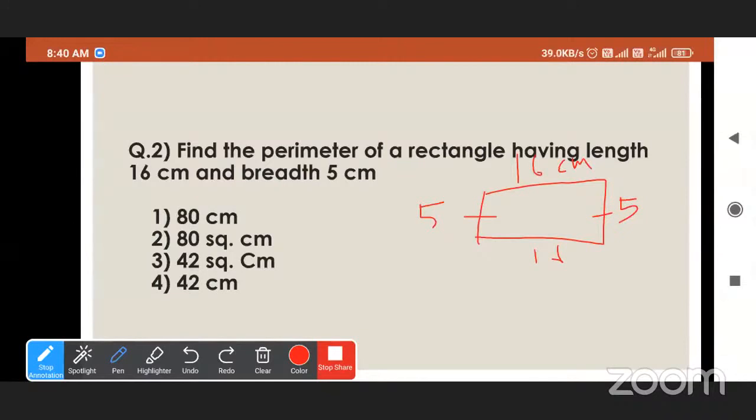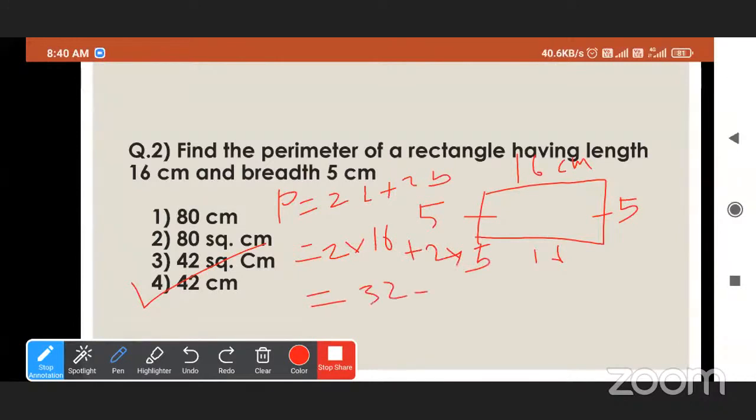Fourth one. Very good. By adding all sides, or we can apply formula, that is 2L plus 2B, 2 into 16 plus 2 into 5. 2 into 16 is 32 plus 10. So we will get 42 centimeter. Very good.